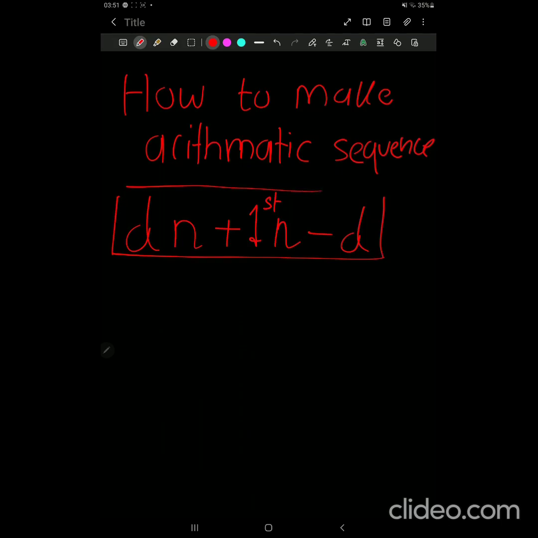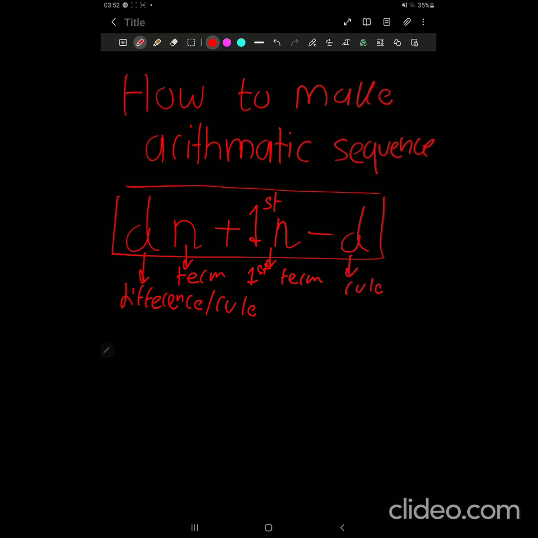What do I mean by d and n? d is basically the difference, or you can say the rule. n is a variable, and it means the term. The first term is the first n, and d again is just the rule or difference.